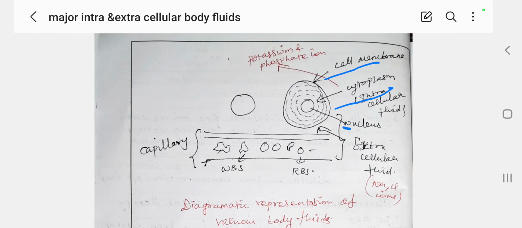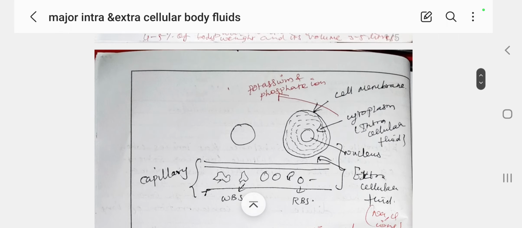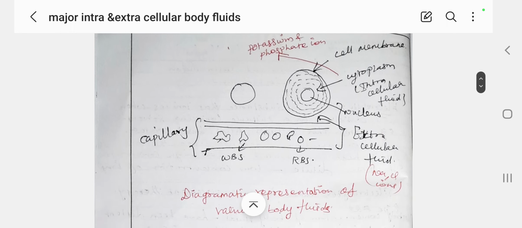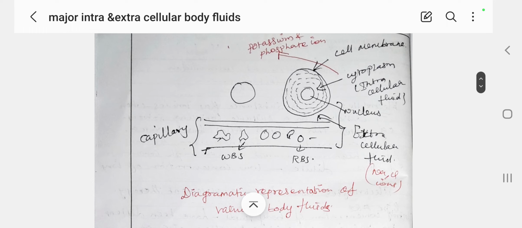These come under extracellular fluid, and here we have the intracellular fluid. The intracellular fluid is mainly present in the cytoplasm, the extracellular fluid is mainly present between the cells, and the plasma or vascular fluid is present in the plasma.